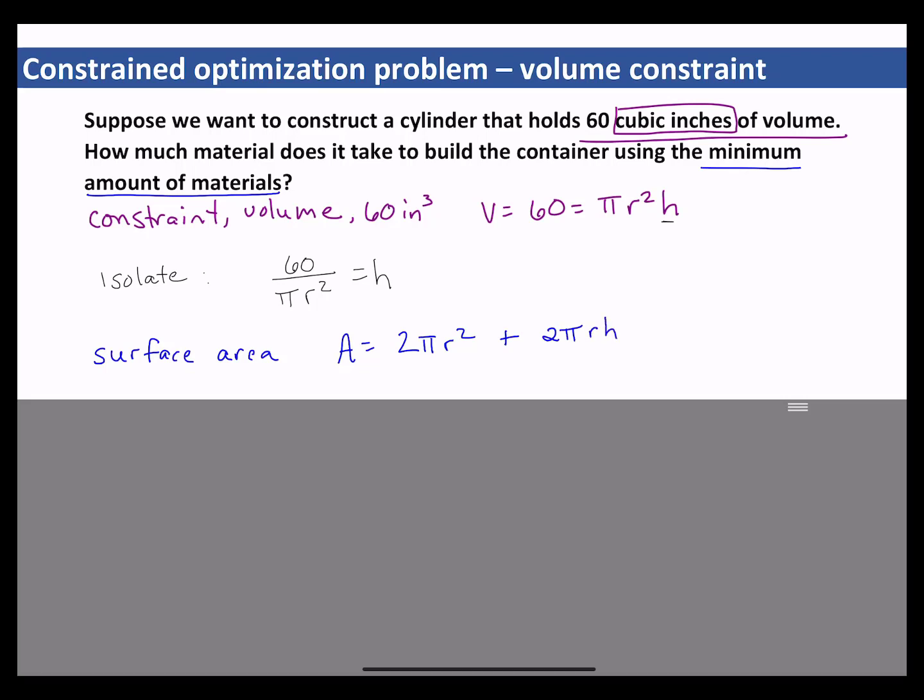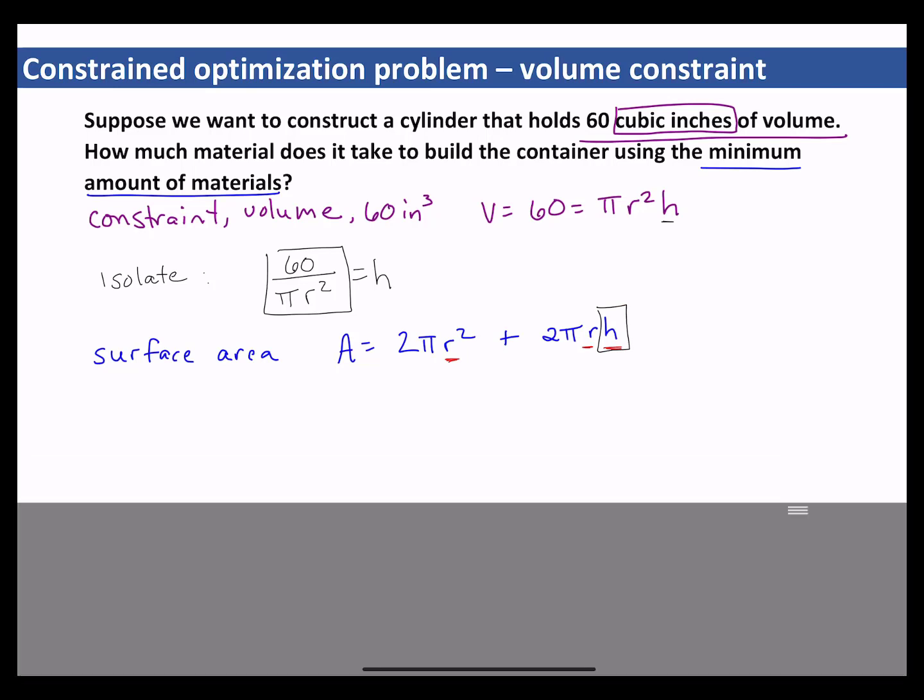As it currently stands, the surface area is a function of two variables, r and h. But if we substitute this quantity in for h, then we can write this as a function of one variable. So the area would equal 2 pi r squared plus 2 pi r times the quantity 60 over pi r squared.